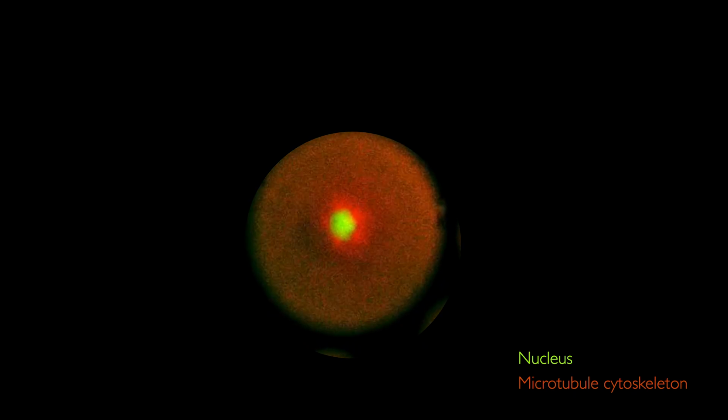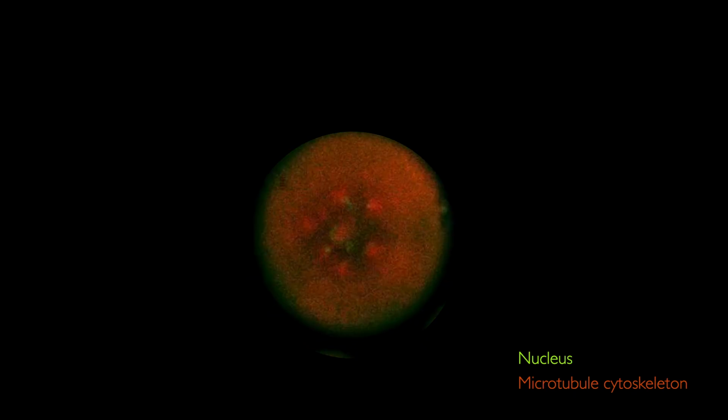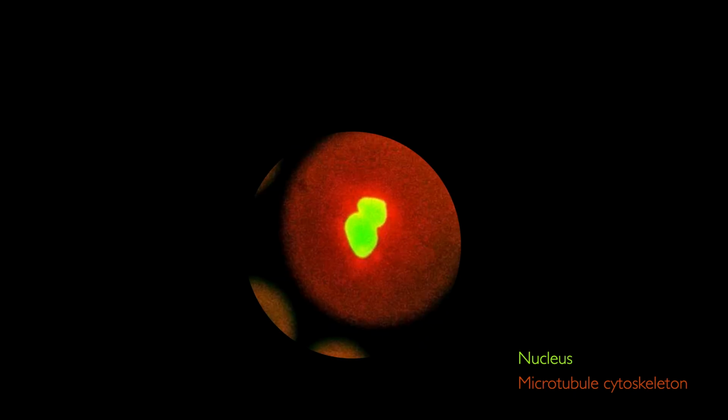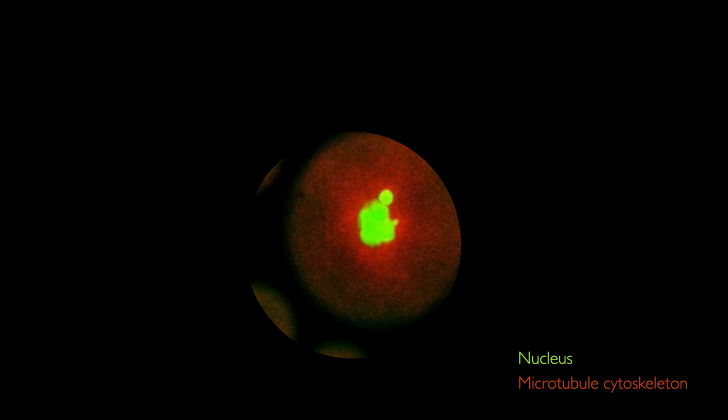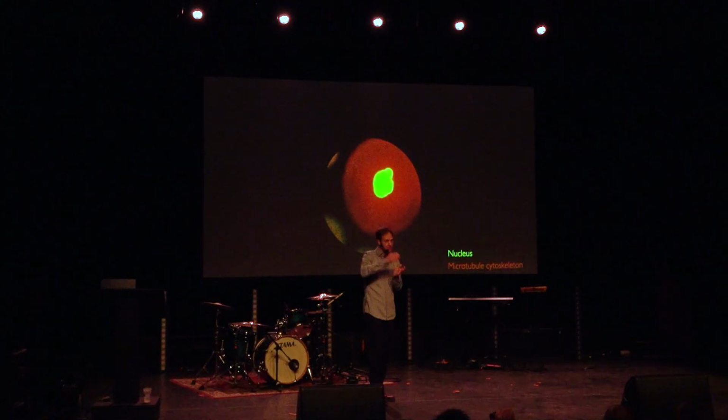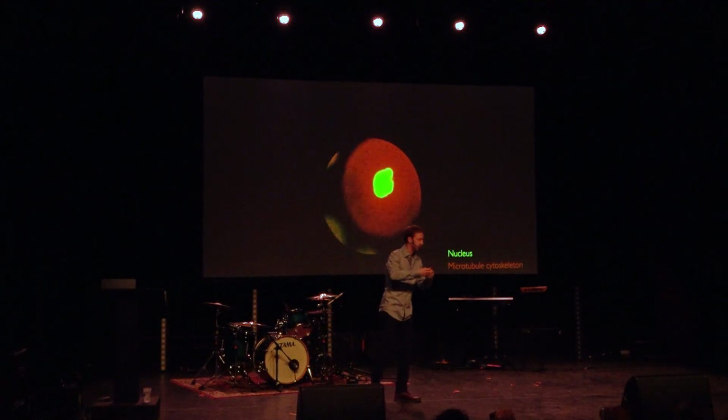And that's shown in green. So you've got a nucleus, and this nucleus appears and disappears periodically with the same rhythm of our biochemical clock. And this means that every 30 minutes, the nucleus is broken down, and the DNA is copied.